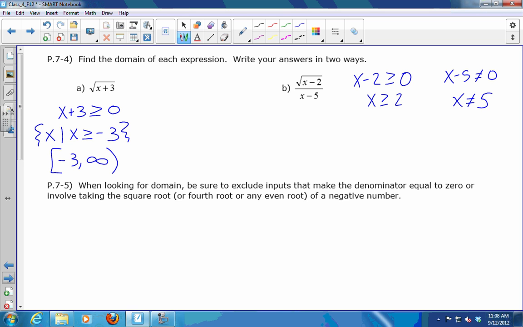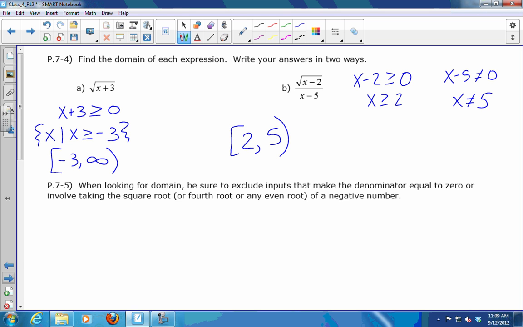So if I wanted to write it in interval notation, I would say I can start at 2 and include it, go up to 5, but I have to skip over the 5. Can't actually include the 5. So I could go to 4.9, 4.99. So I'm going to write 5, but don't include it.